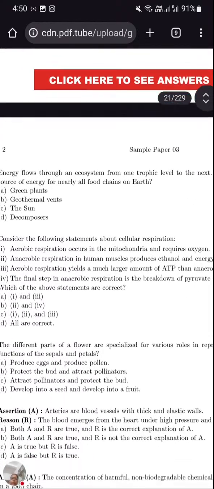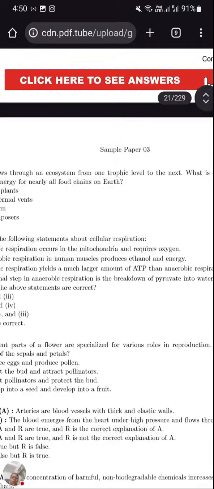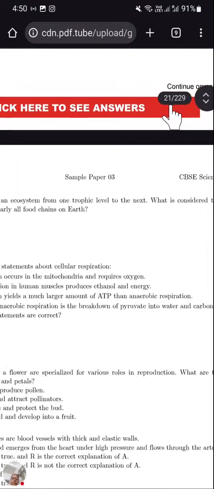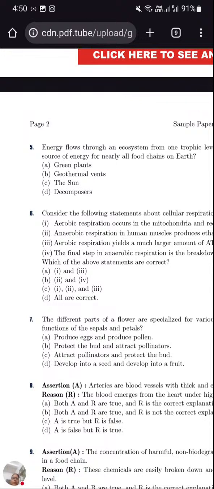Energy flows through an ecosystem from one trophic level to the next. What is considered the ultimate source of energy for nearly all food chains? Sun is the ultimate source of energy.